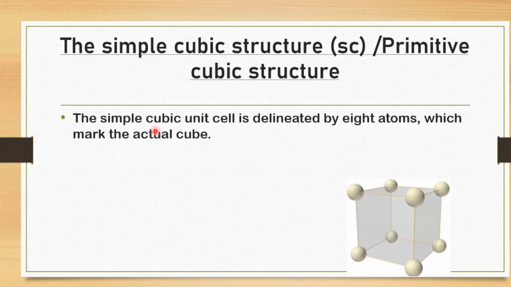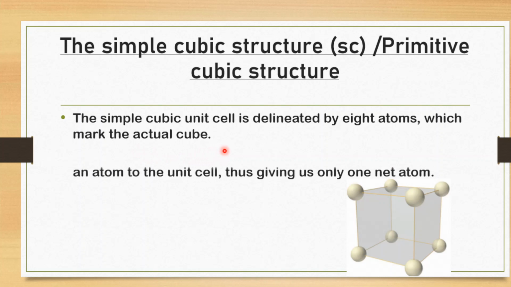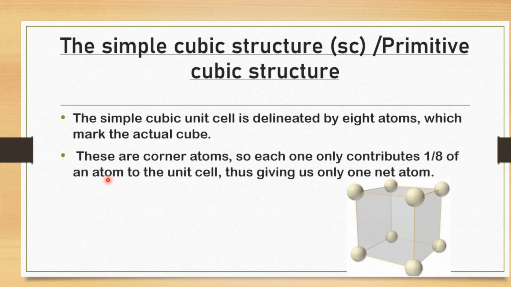The simple cubic unit cell is delineated by 8 atoms, which mark the actual cube. These are corner atoms, so each one only contributes 1/8 of an atom to the unit cell, thus giving us only one net atom.